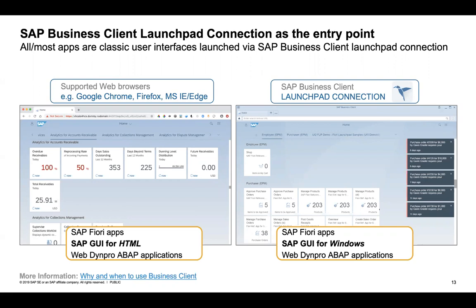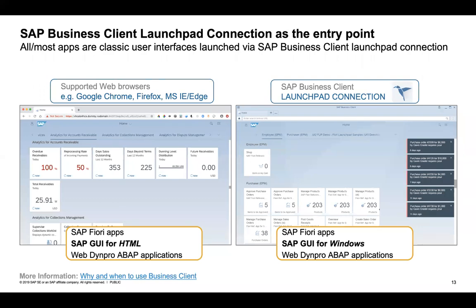Now, using SAP Business Client Launchpad connection as the entry point. This is kind of an interesting one that was very popular with some of our customers when we were on 1610 and 1709. Now, at that stage, we had some Fiori apps, but not a huge number.